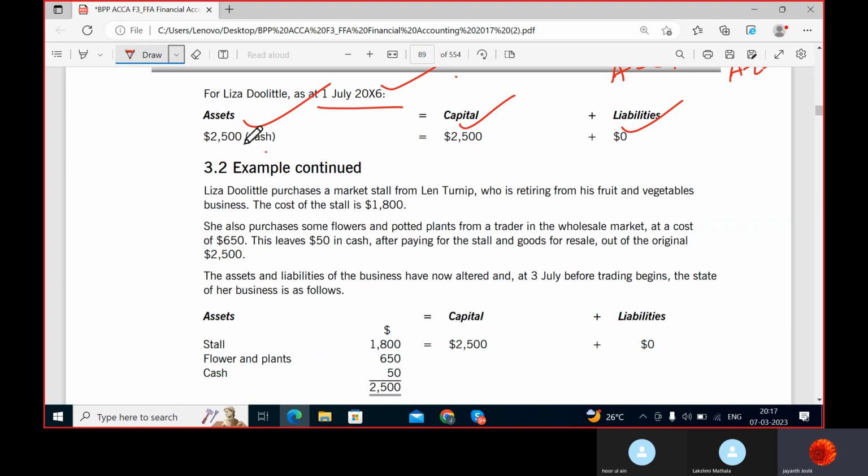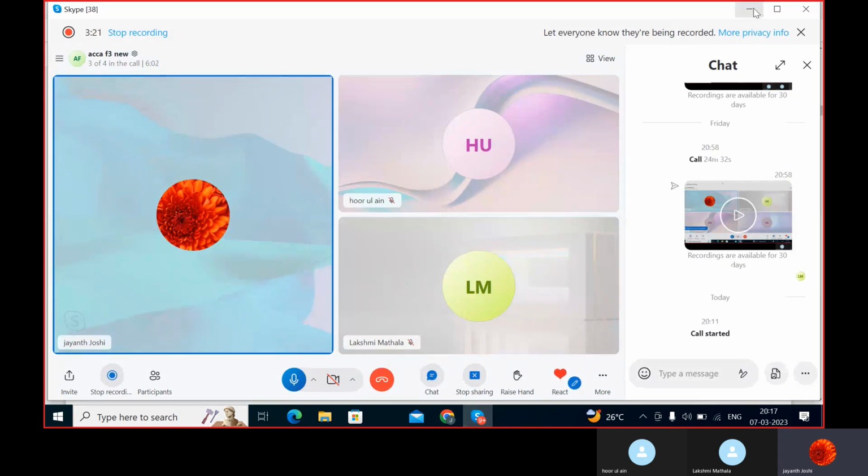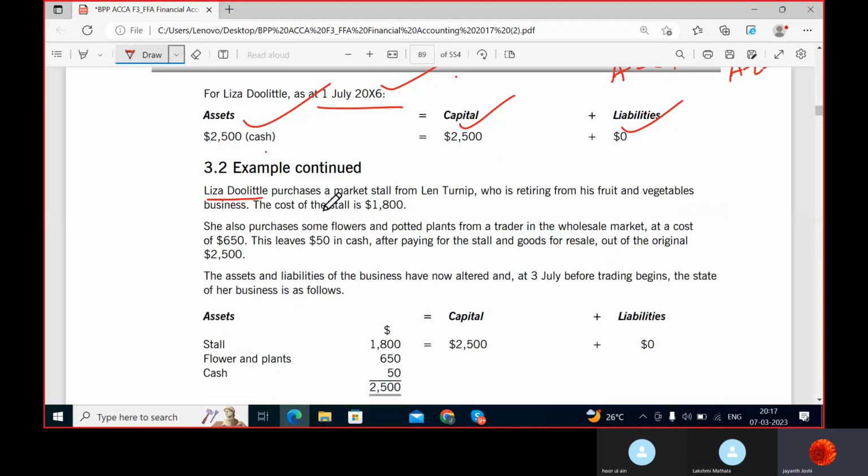Now what happened, that same thing is continuing here. Lisa Doolittle purchases, all of you are following, correct? Yes, sir. Lisa Doolittle purchases market stall from Len Turnip, who is retiring from his fruits and vegetable business. And the cost of the stall is 1800.